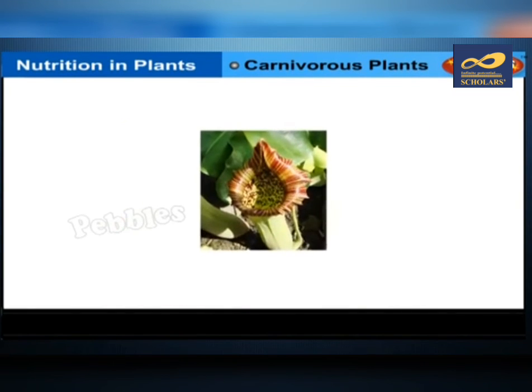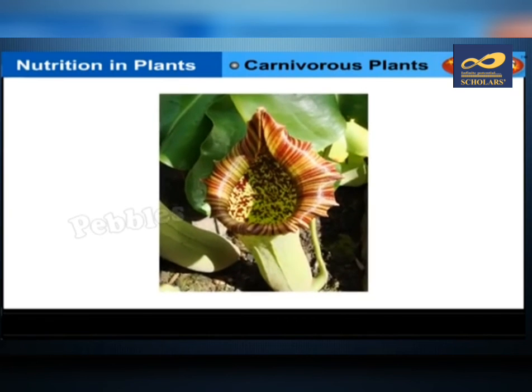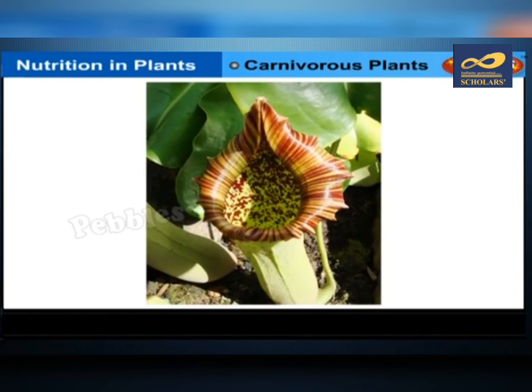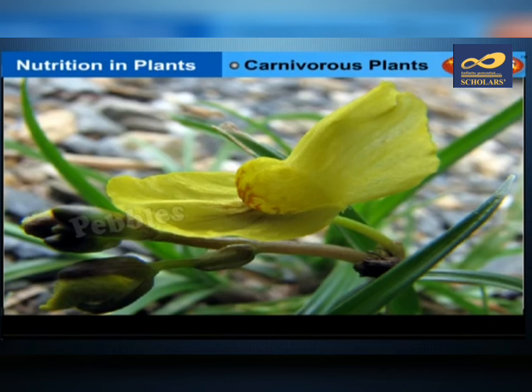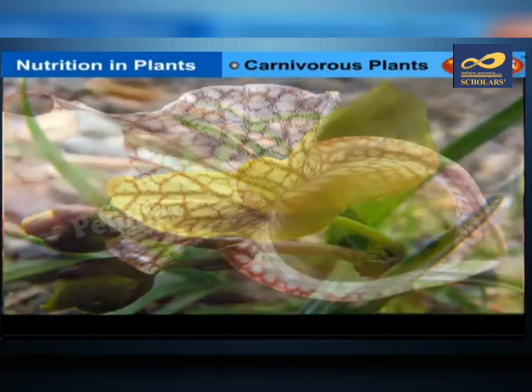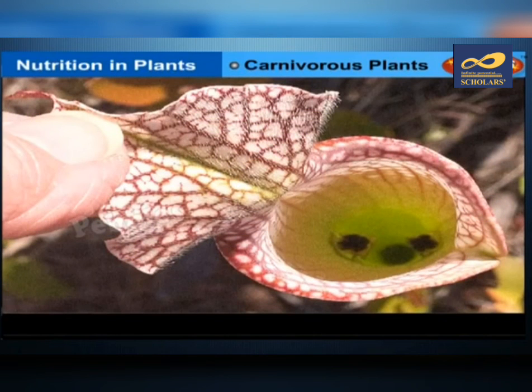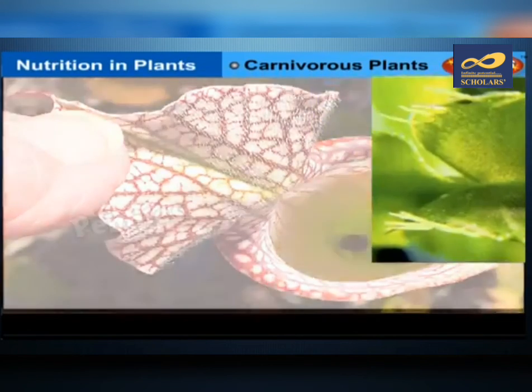In the pitcher plant, the leaf is modified to form a tubular pitcher-like structure. The inside of the pitcher is lined with downward pointing hair. These hair do not allow any insect to climb back up and escape. The fluid at the bottom of the pitcher contains digestive juices which consume the insect.